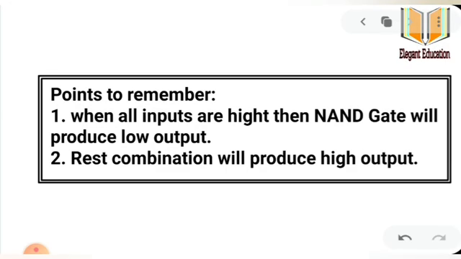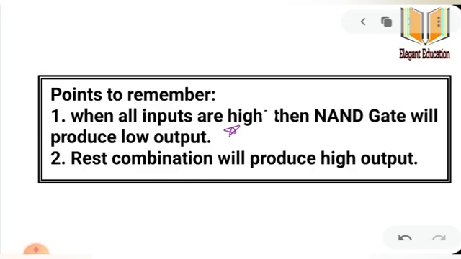Now, the most important point, marked with a star, which is always asked in your examination: when all the inputs are high, the NAND gate will produce low output. In the rest of the combinations, it will produce high output. Is it clear?